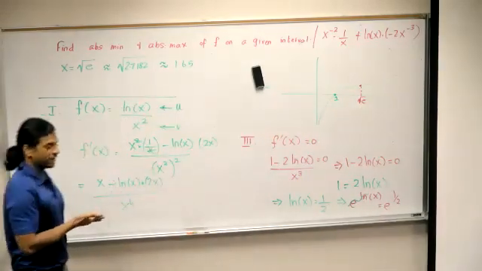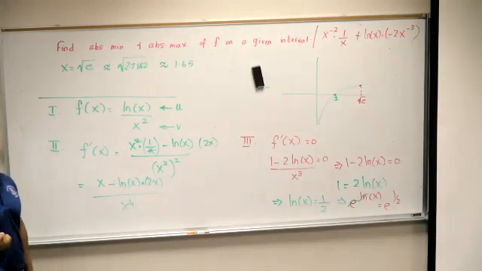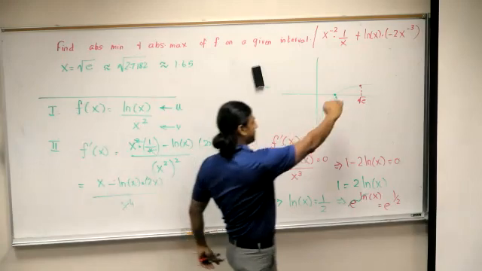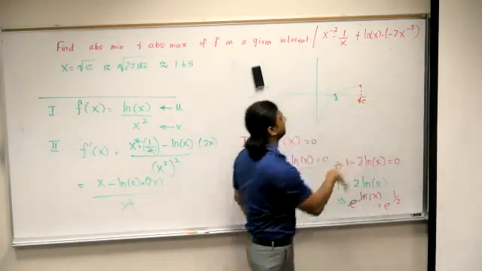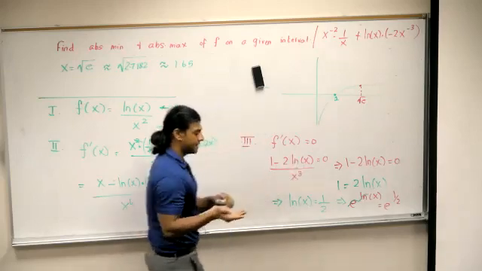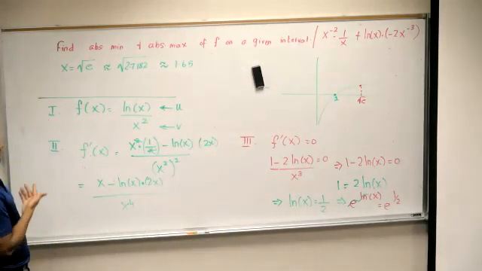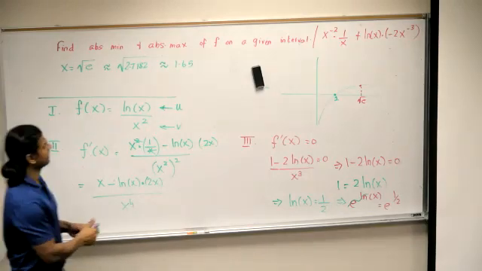We have a critical value, but it does not correspond to a minimum or a maximum because the function becomes flat again. So to find the absolute minimum and maximum, what should we use? We should simply use the endpoints.